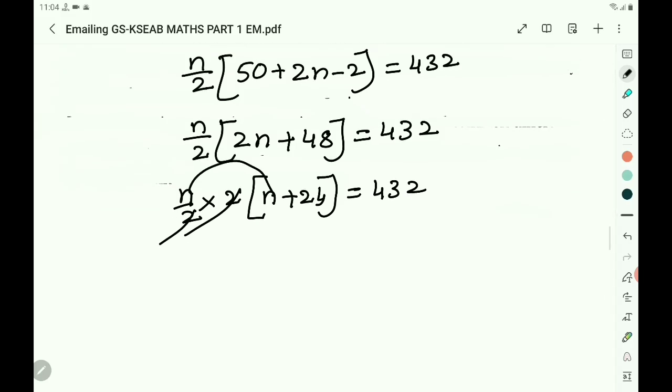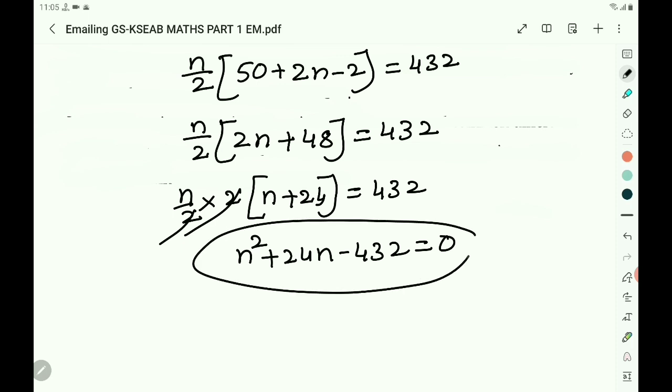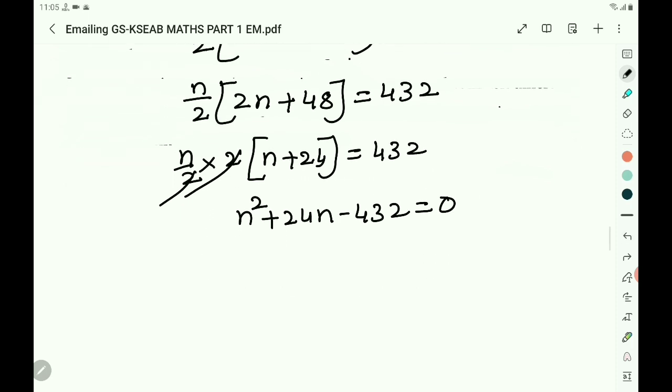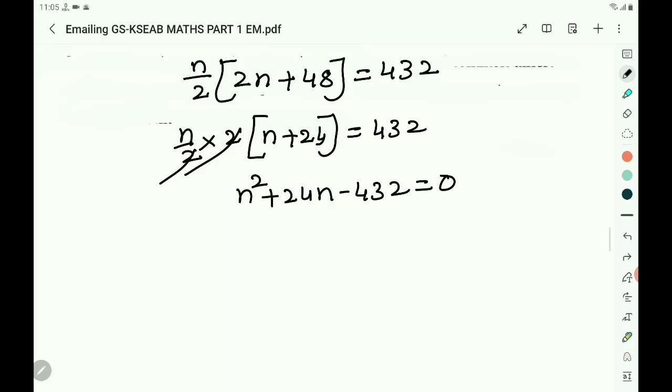Multiply n and n. n into n is n square. n into 24 is 24n. Plus 24n, and transfer this 432 to the LHS, equals 0.